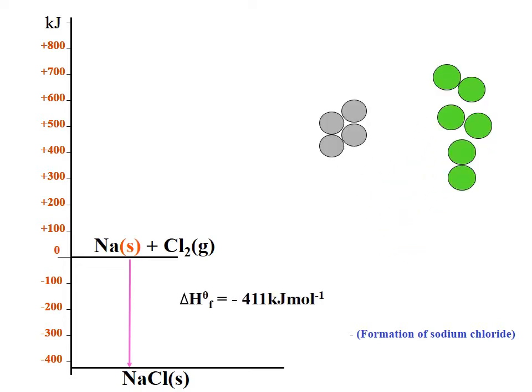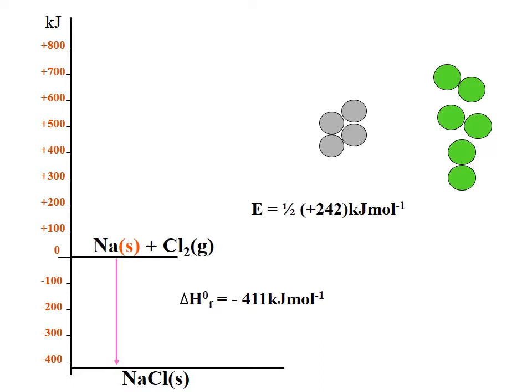So we're going back to the beginning. We already know about the formation of sodium chloride. So we have our sodium, we have our chlorine. The first thing we want to do, and please ignore this number for right now, it came a little too early.